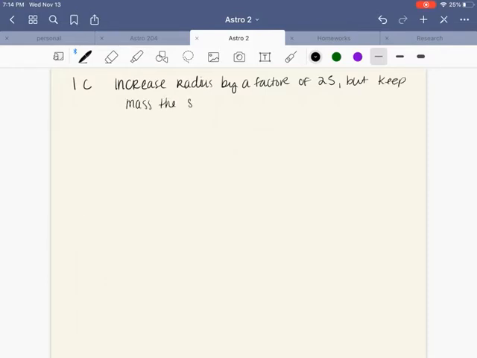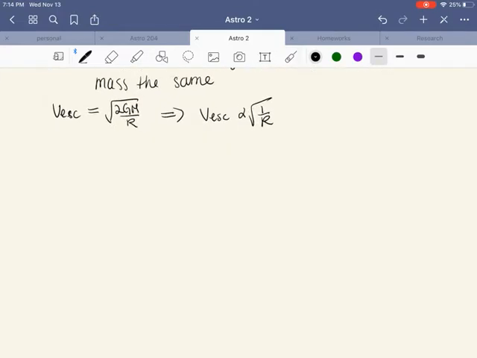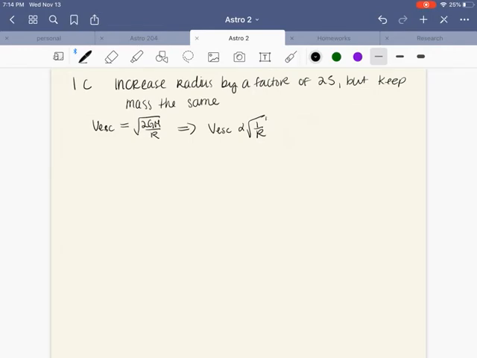In this one, if I want to go down to a condensed version, I look at it and see that 2 stays the same, G stays the same, M in this case stays the same, and R is going to change. So we have V escape proportional to 1/root R. That's our condensed version.